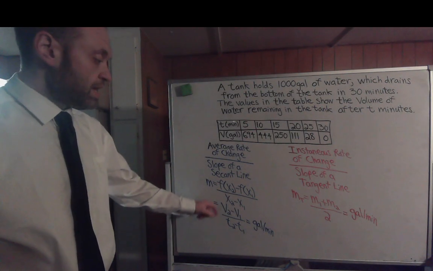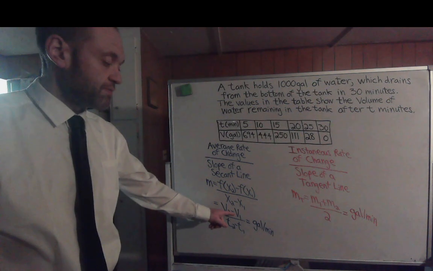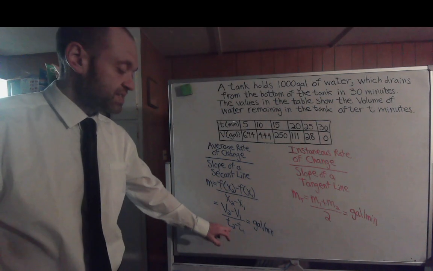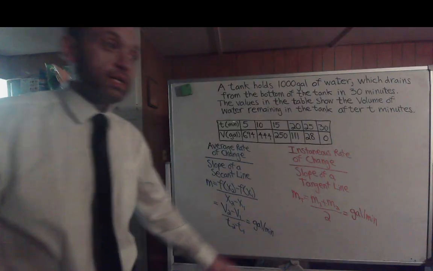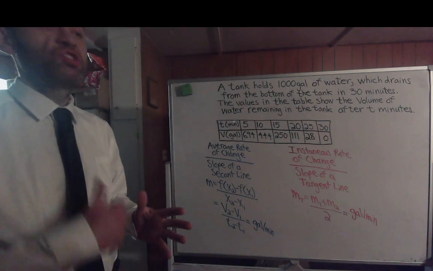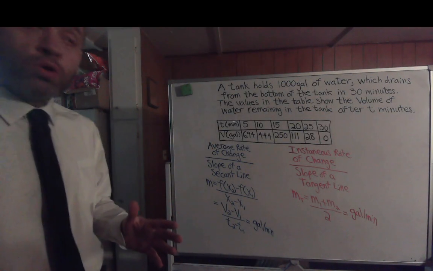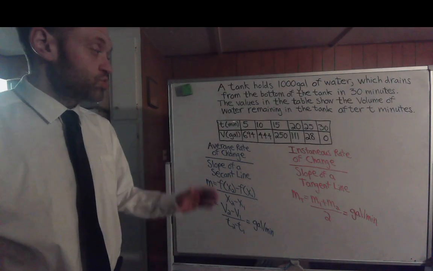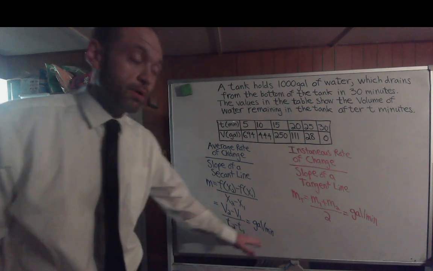The f of x sub 2 would be V sub 2, the second volume, minus the first volume, divided by the second time minus the first time. And you would get your answer in gallons per minute, being a rate of change. So rates of change such as gallons per minute, miles per hour, kilometers per hour, meters per second, and so on, those are units for rates of change. You usually take it with respect to time. You have something changing with respect to time.